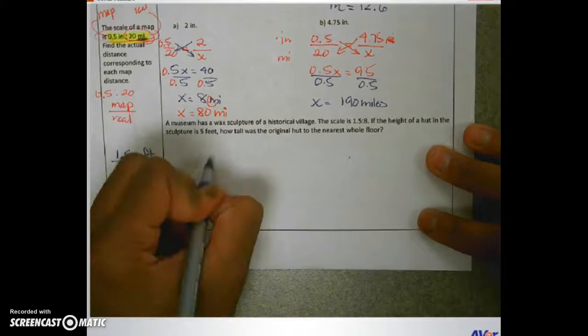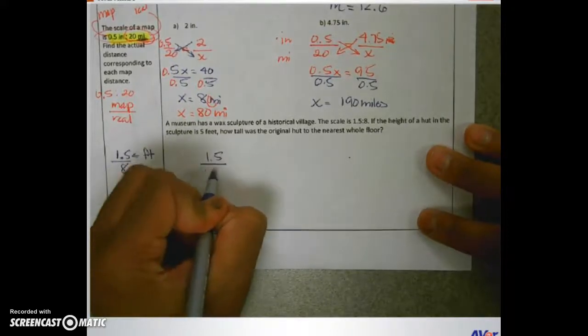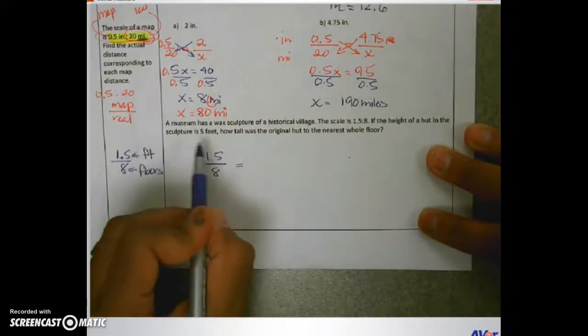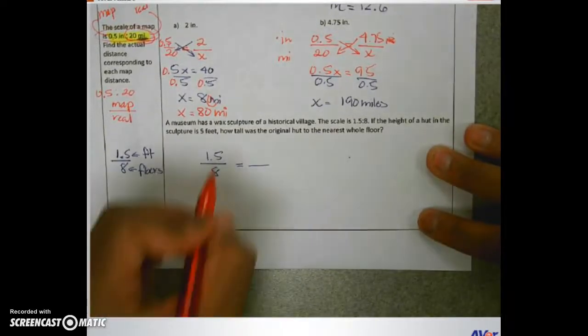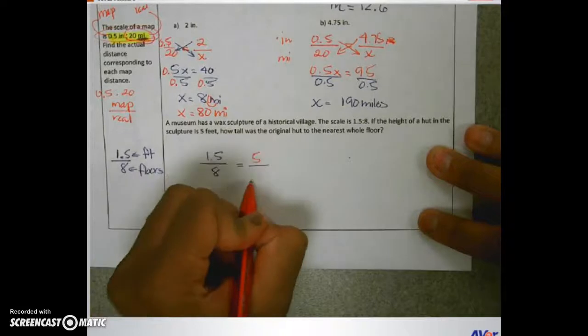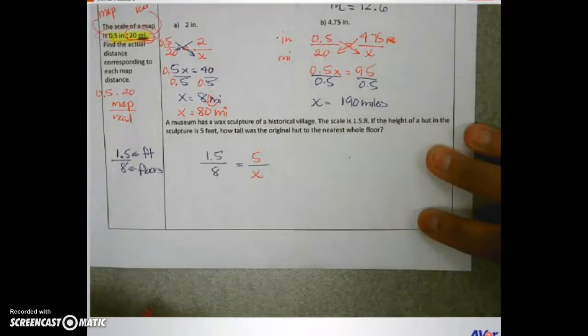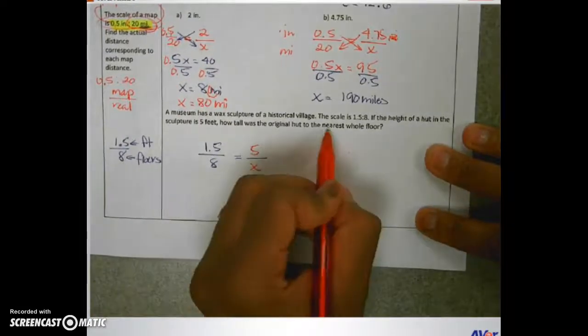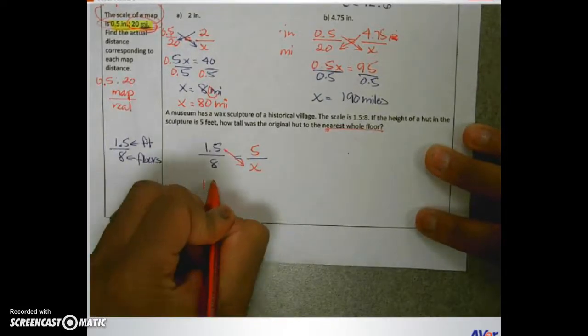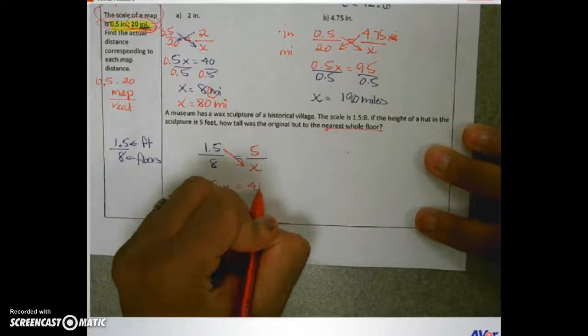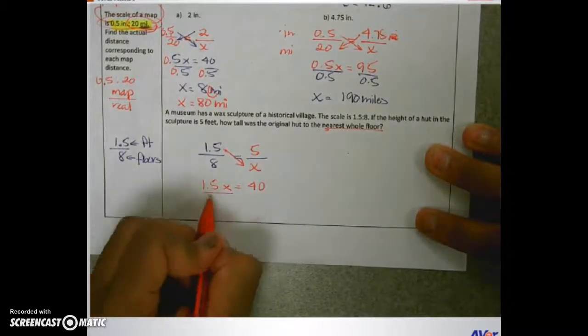So this is 1.5 over 8, that's my given scale, equals, now this 5 feet structure, does it go on the top or on the bottom? Well, it's not about the floor, so I'm going to put it up top, and I'll put an x for the number of floors, and we're going to round to the nearest whole floor. Cross multiplying, 1.5x is equal to 40, and then I'm going to divide by 1.5.